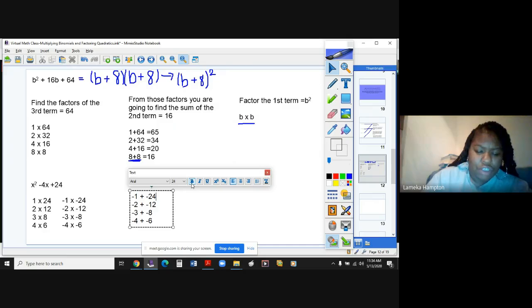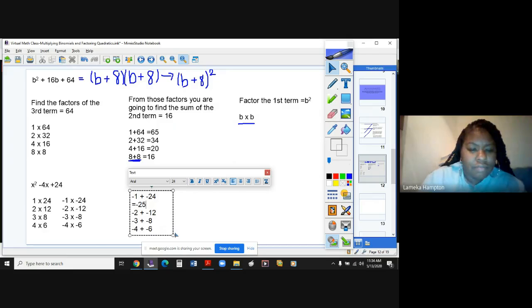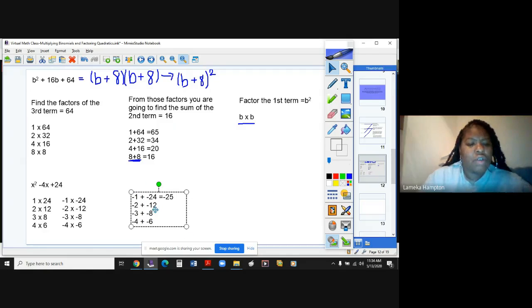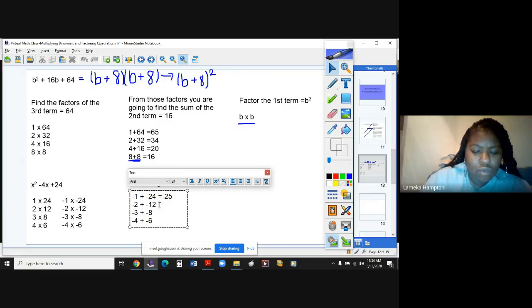Now, when I do this, the answer that I'm looking for is -4. So when I add this, this is going to give me what, a -25. Then when I add that, that's going to give me a -14.